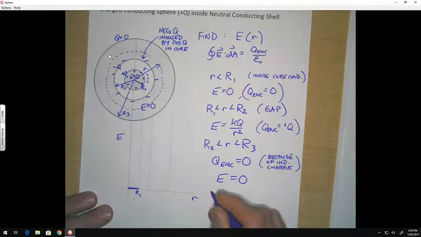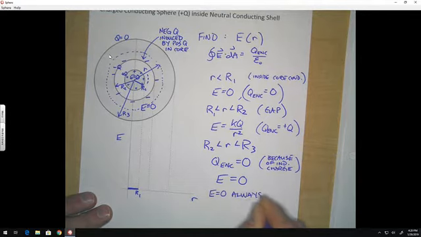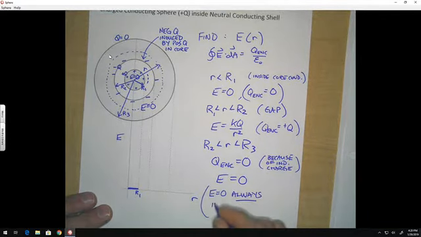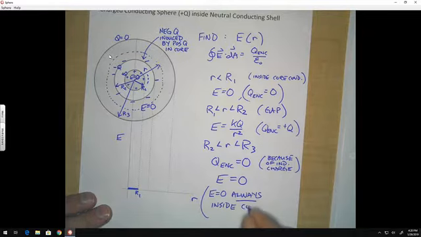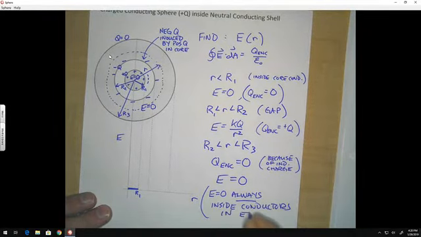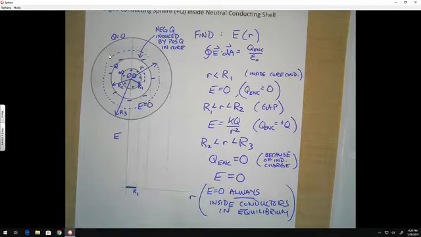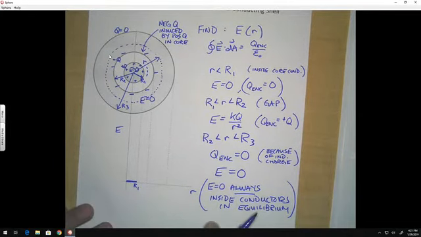Okay, so E is equal to 0 always inside conductors in equilibrium. And the reasoning is that if that wasn't true, charges would be moving and you would have a current, and then where would the current come from? And if it was there, it couldn't persist. So if something's in equilibrium, that's the deal with it.